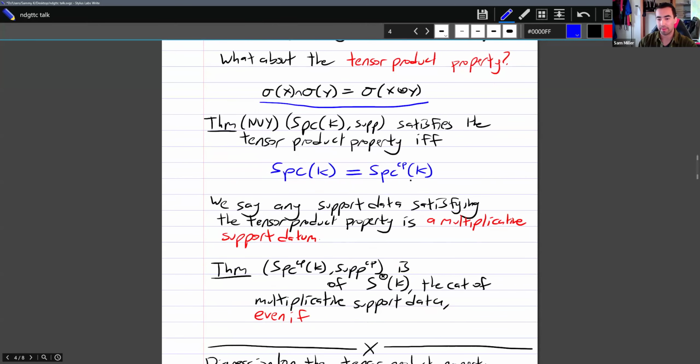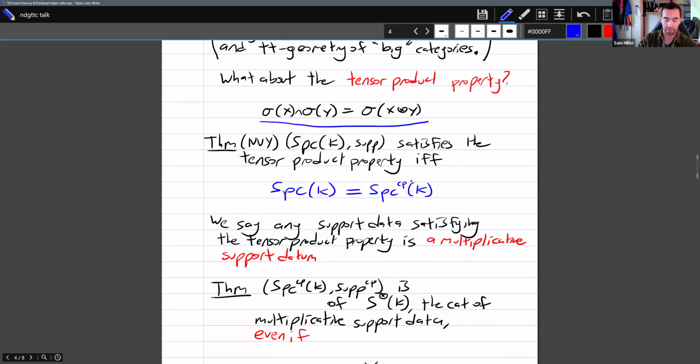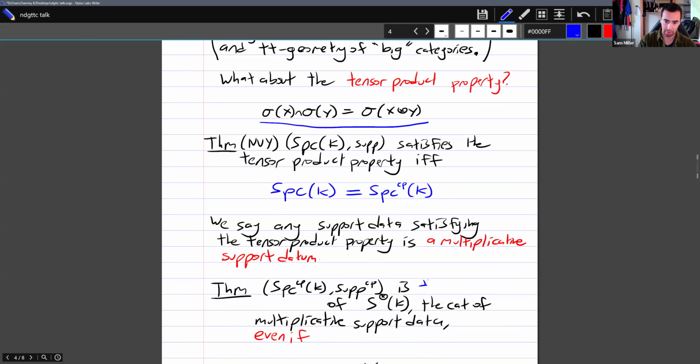So the first statement that I'll make of mine is that Spec CP of K is the final object of S tensor K, which I'm not going to formally define, but you can imagine how it's defined.